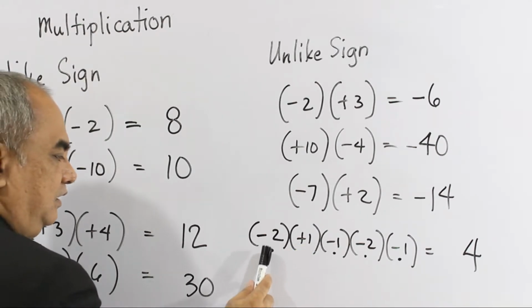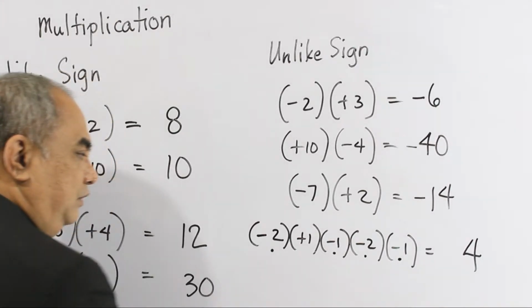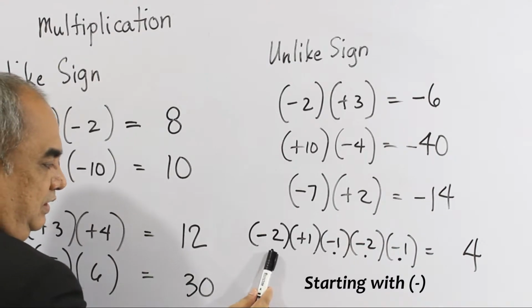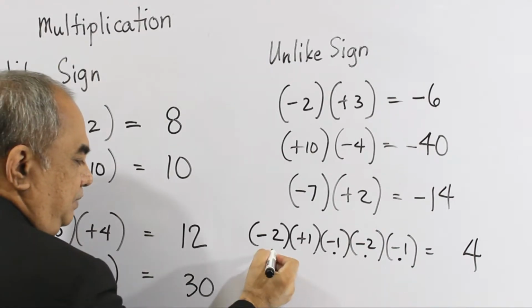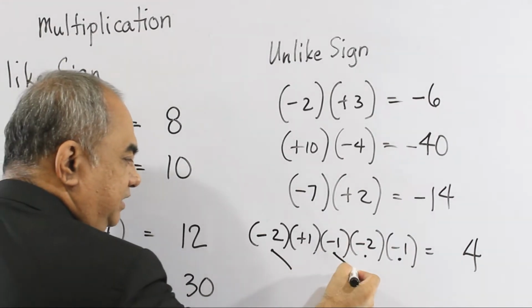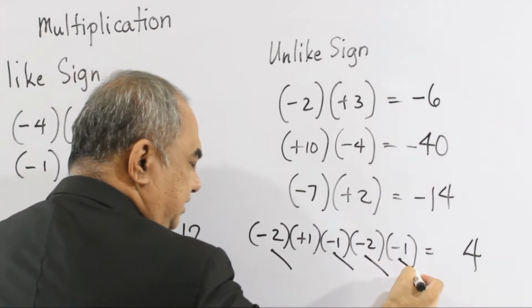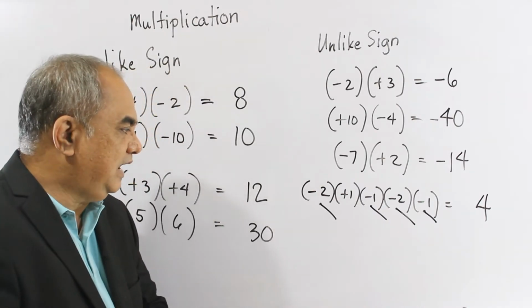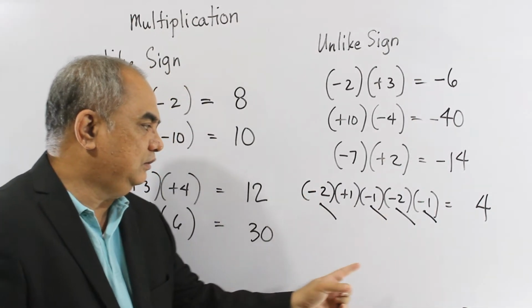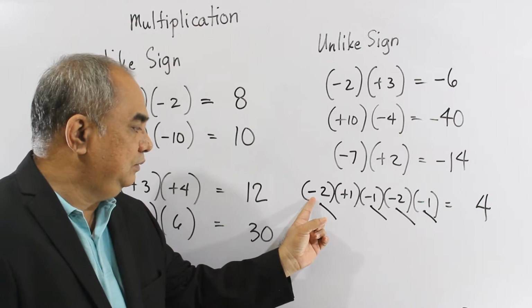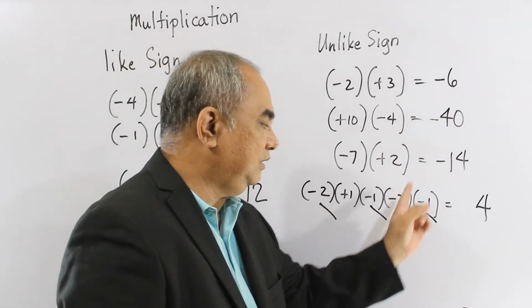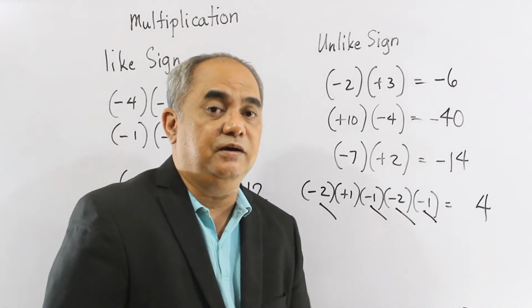You start reciting from the first factor to the last factor, starting with negative. So let's do it. Negative, positive, negative, positive. Therefore, your final answer is positive 4. You need to recite all the negative factors starting with negative, and then alternating positive, negative, and positive until you reach the last factor.